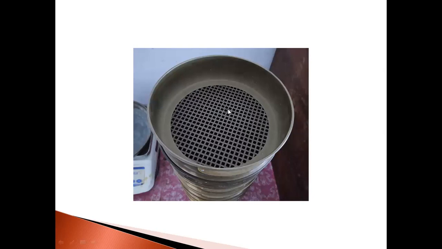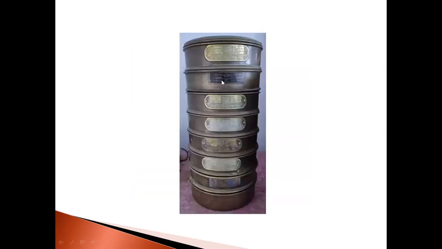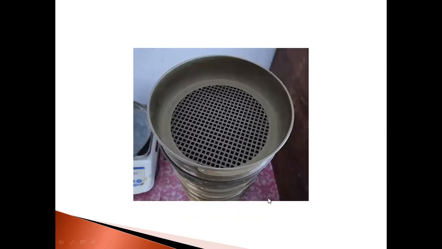Our fine aggregate will pass through this. Then the next box, the size of the square will be less than that. For example, if this is 4.75, the next one will be 2.36, the next one will be 1.18. It will keep reducing, and the bottom will have a pan. So this is all about the fine aggregates.